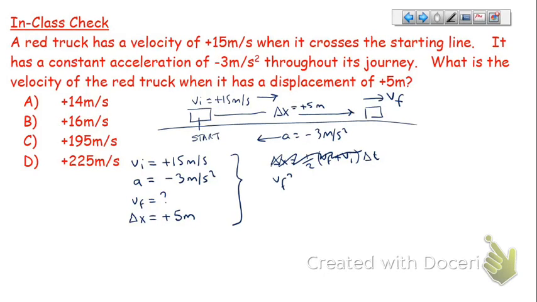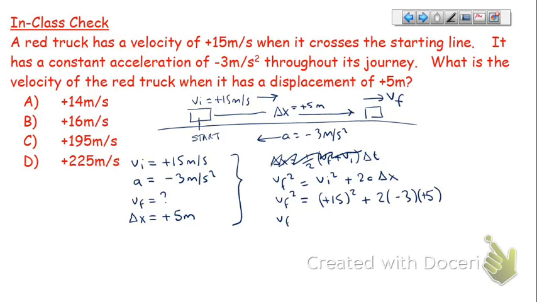VF squared equals VI squared plus 2a delta x. Is that right? I want my VF. I got my VI. I got my a. I got my delta x. That'll work. So VF squared is equal to VI squared, 15 squared, plus 2 times a, which is -3, times delta x, and delta x is plus 5.